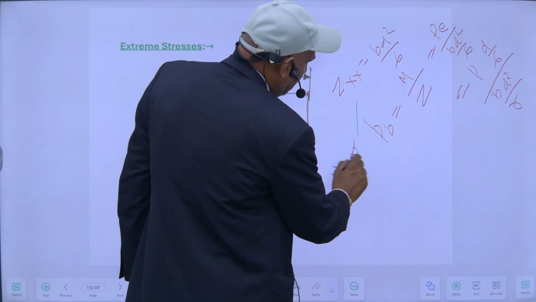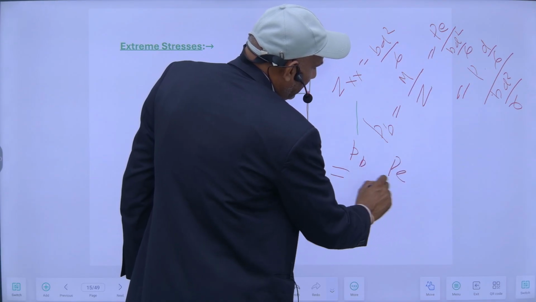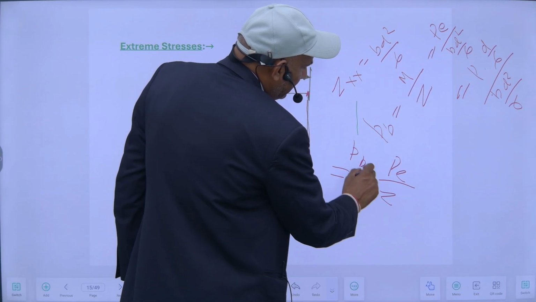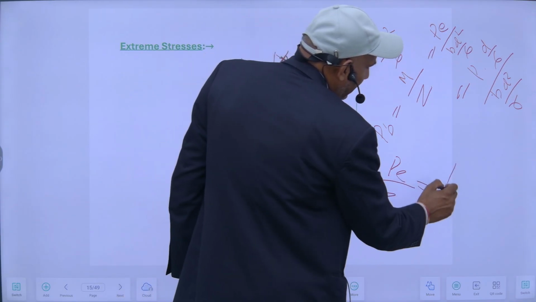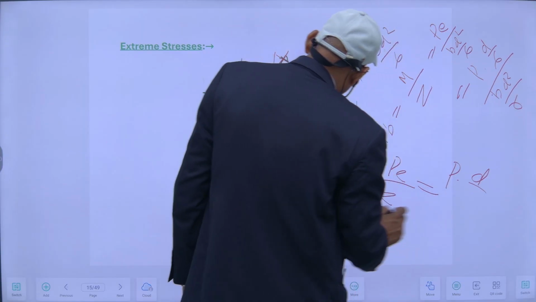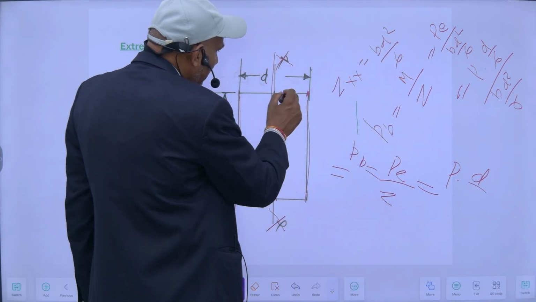So my bending stress is equal to PE upon Z. This is M upon Z. The value of E is equal to D by 6, so that can be D by 6.